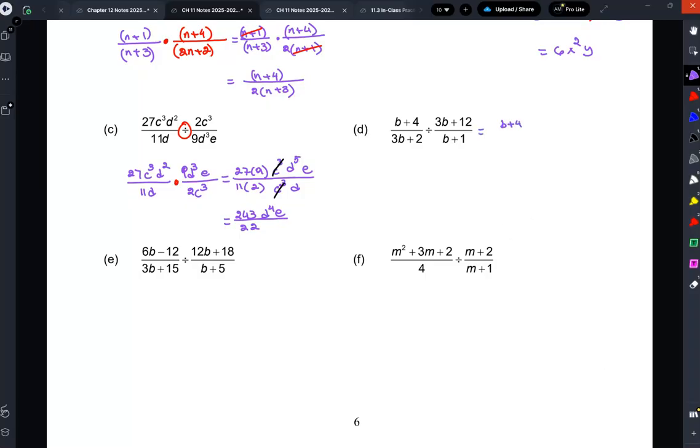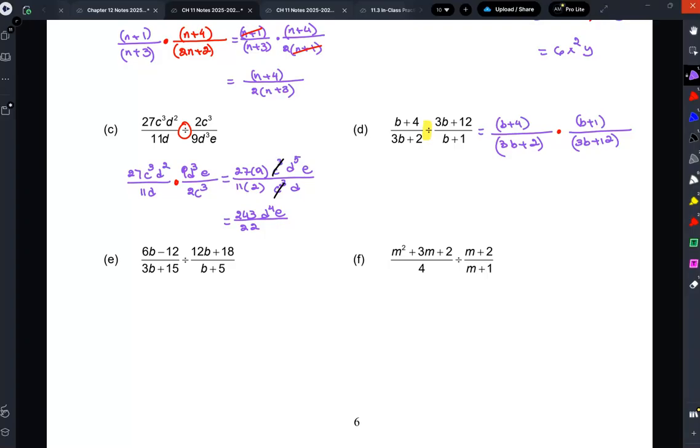Okay, here. b plus 4, parentheses, 3b plus 2, parentheses. Change this to a times b plus 1 on top, 3b plus 12 on the bottom. Anything to factor here? Yeah.